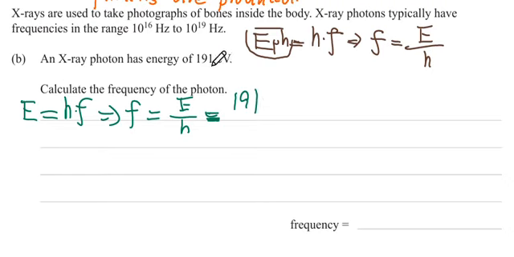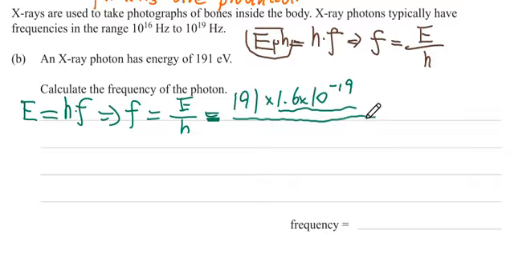Now 199 is in the unit of electron volts, and we want to convert it into joules. We have this kind of a relationship here between the eV and the joules, and then over Planck's constant, to the power of 34.